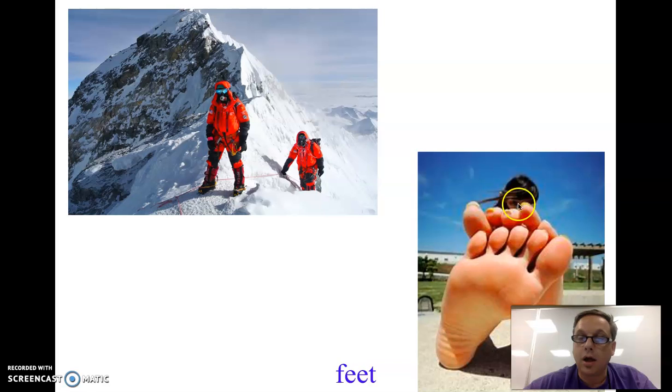I think it's a lady, these are her feet. So again, same pronunciation here. Feet, an amazing task, an amazing accomplishment, but with an F-E-A-T, right? An amazing feat, an amazing accomplishment, climbing Mount Everest.